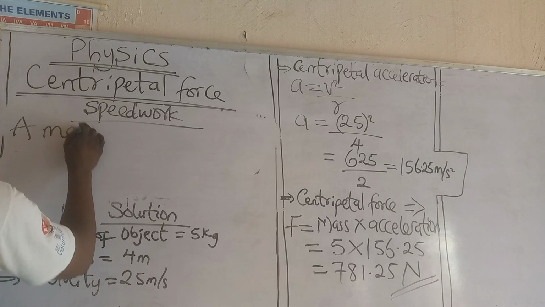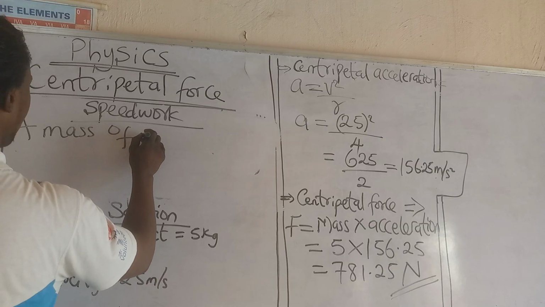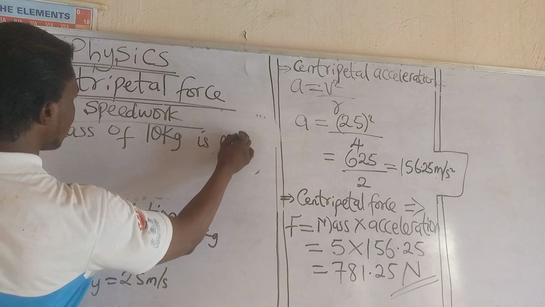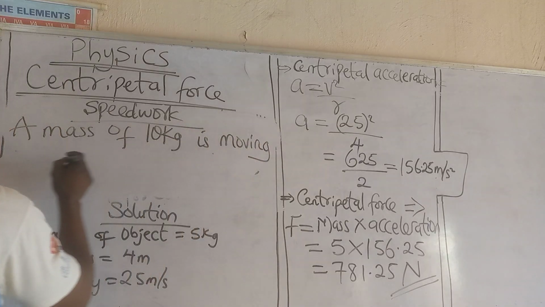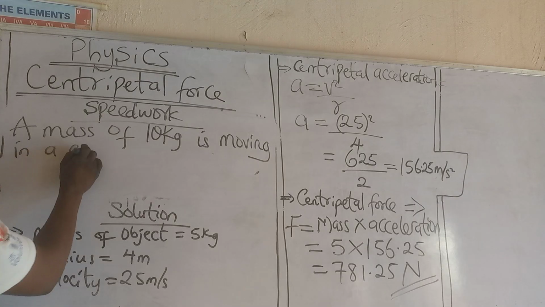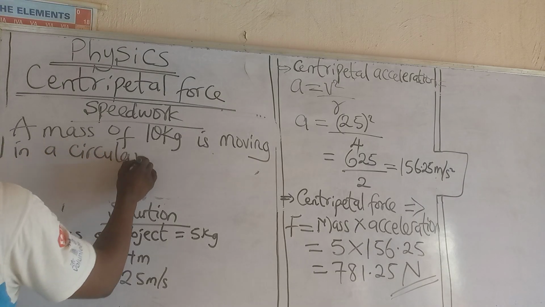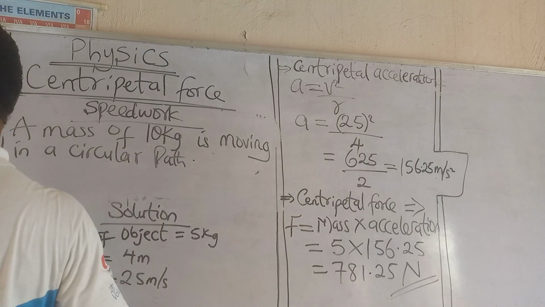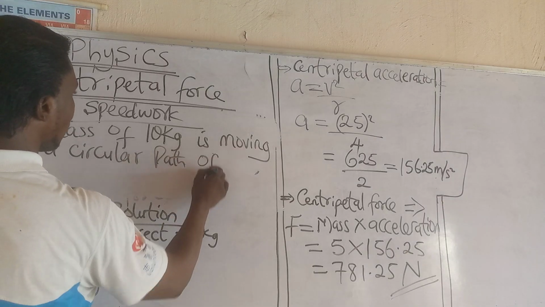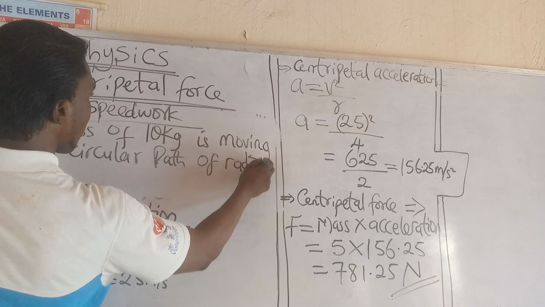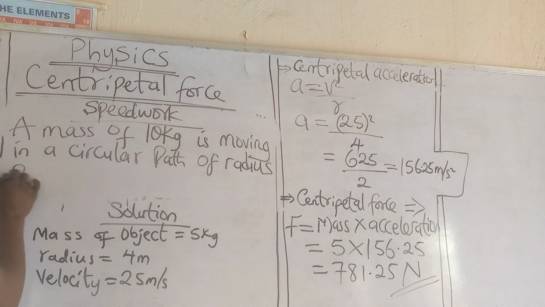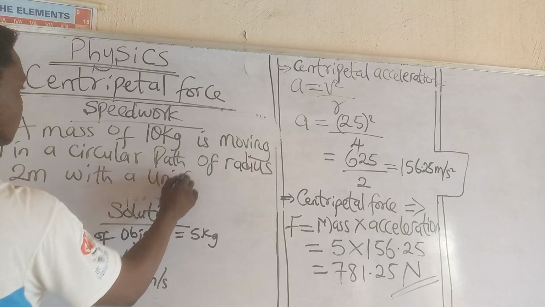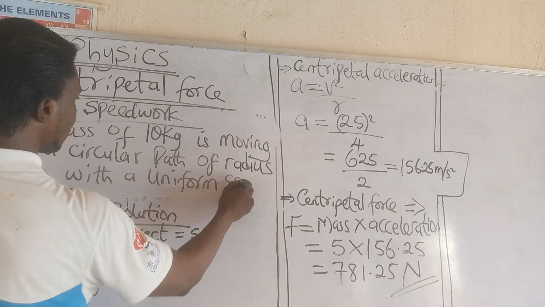A mass of 10 kilograms is moving in a circular path of radius 2 meters with a uniform speed of 50 meters per second.